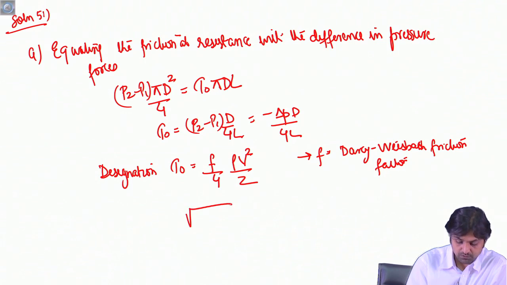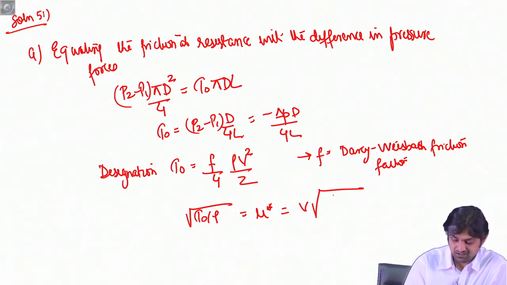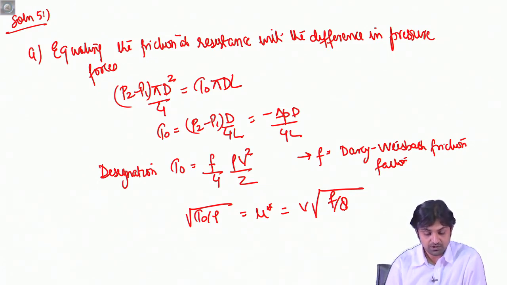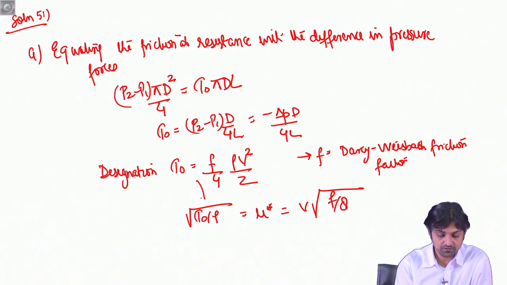So under root tau naught by rho is equal to u star is equal to V under root f by 8. All right, this is how we get it from this equation.